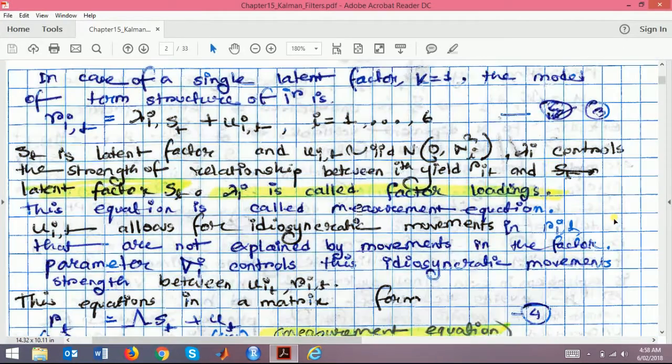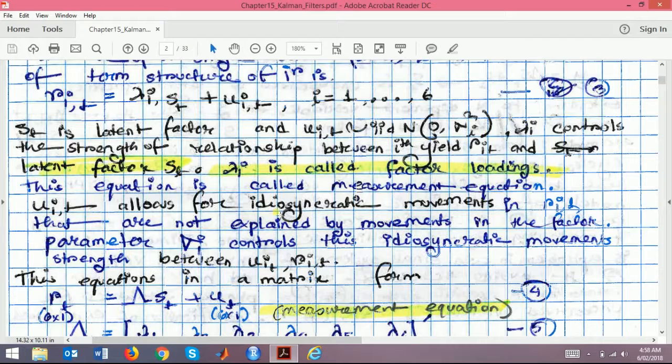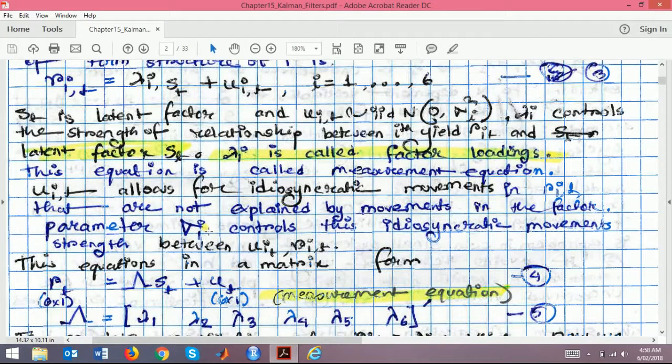This equation is also called a measurement equation, where the residual u_it allows for idiosyncratic movements in the interest rate that are not explained by movements in the factor. Hence the parameter sigma_i controls these idiosyncratic movements.